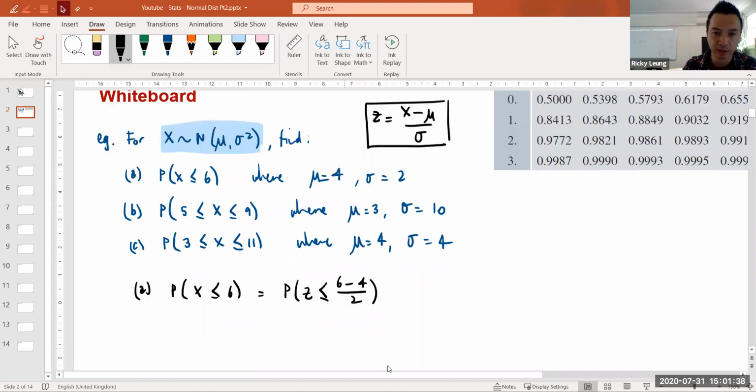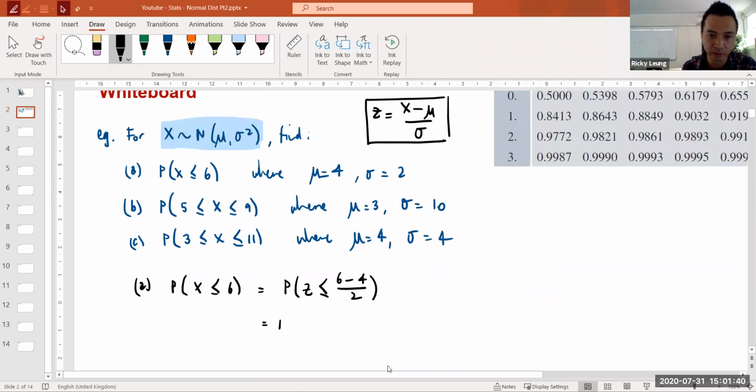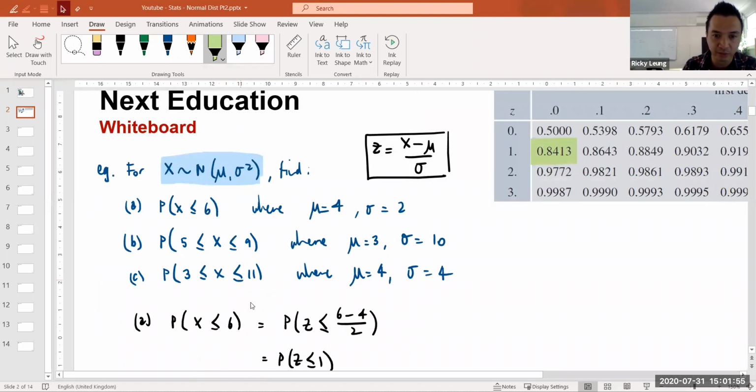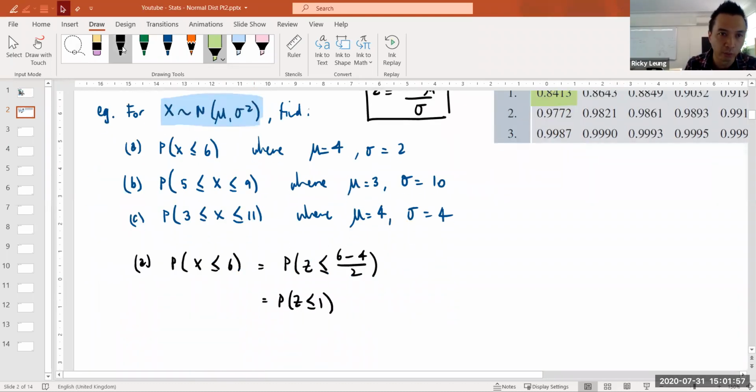Pretty easy. So that one there is equivalent to Z less than or equal to 1. And if I go to my table here, 1 is 1.0. So I'm expecting this to be my answer, because that's 1.0 here. So my answer for this one, you can write it as phi 1 or just probability of Z less than or equal to 1, 0.8413. Pretty straightforward there.